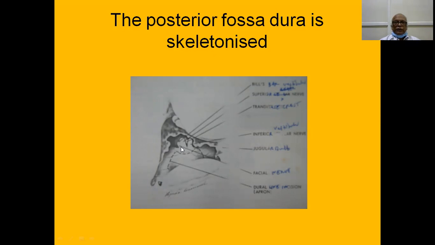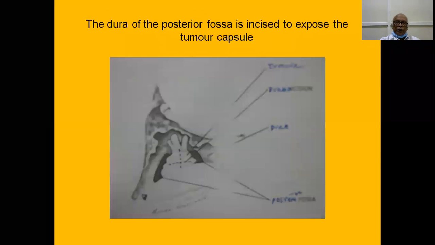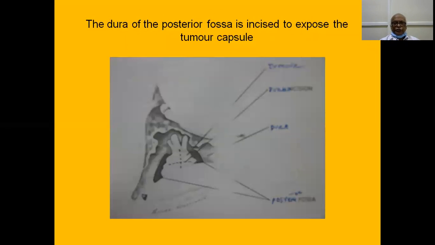That is, you can see the small bony projection called Bill's bar, which separates the facial nerve anteriorly and the superior vestibular nerve posteriorly. And you can also identify the transverse crest, which lies between the superior and inferior vestibular nerves. Now you identify the posterior fossa dura, and you can give a dural incision. This is called an apron flap incision, and go to the CP angle region.